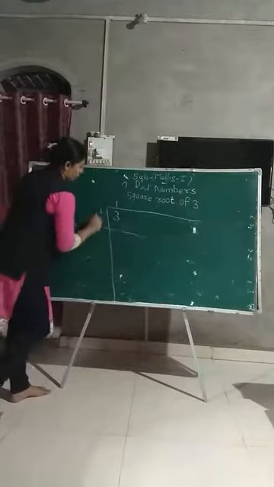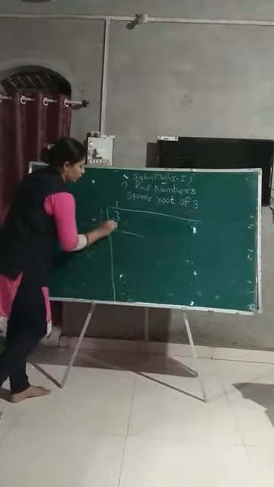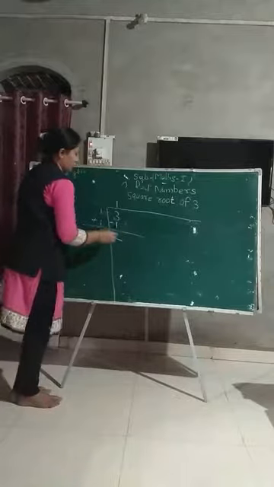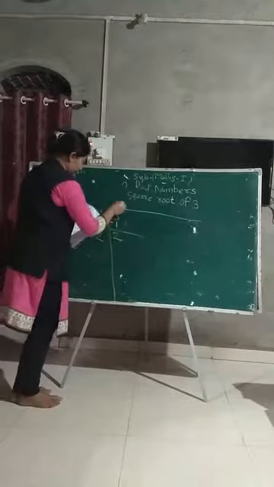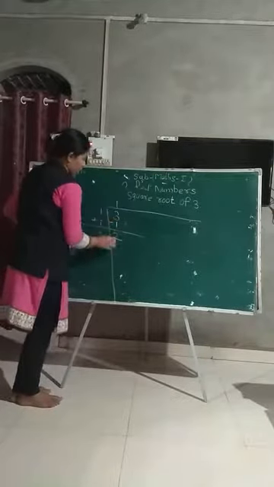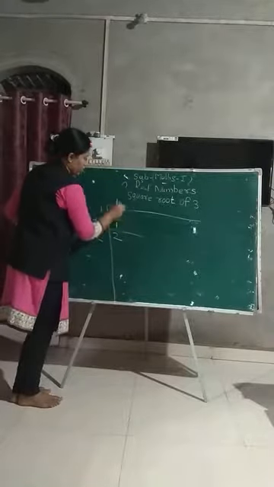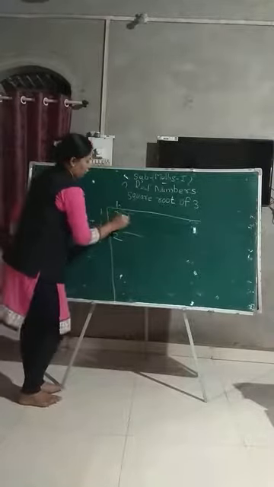Then multiplication, 1 into 1, write 1 here. Subtraction is 2. Here addition is 2. Next, take a point here because there is a 2. So here also take a point.